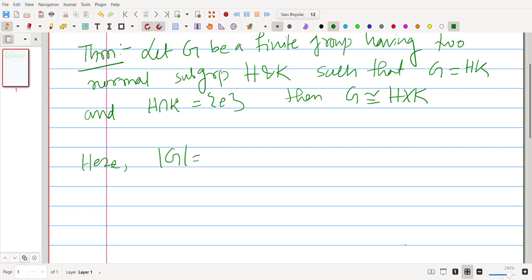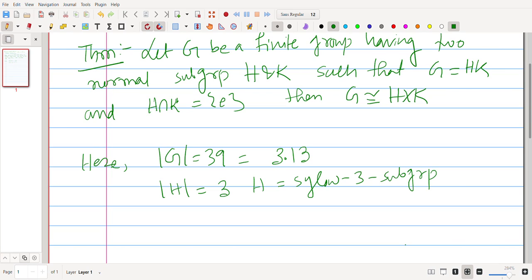the order of G is 39. 39 equals 3 times 13. So the order of H equals 3, where H is the Sylow 3-subgroup, and the order of K equals 13, where K is the Sylow 13-subgroup.